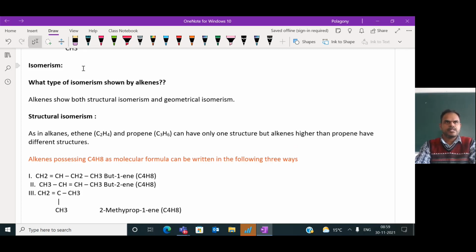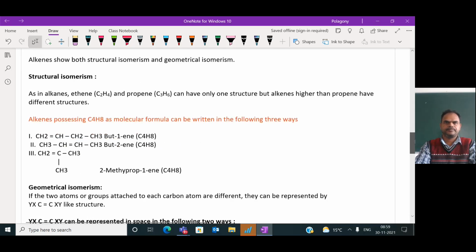That means organic compounds having the same molecular formula but different structures is called isomerism. So what type of isomerism is shown by the alkenes? If you observe carefully, alkenes exhibit structural isomerism and geometrical isomerism.